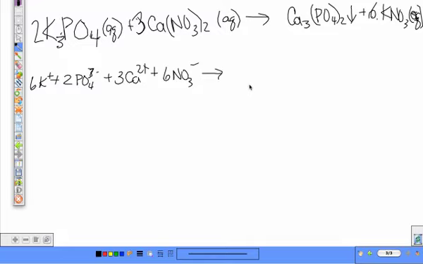Do we split the calcium phosphate into ions? No, because it's the precipitate. So we leave it as a molecular formula. Now the potassium nitrate is aqueous, so we'll split that up.